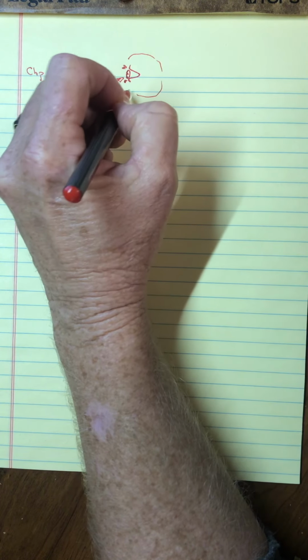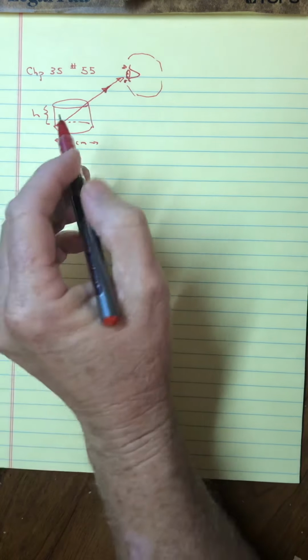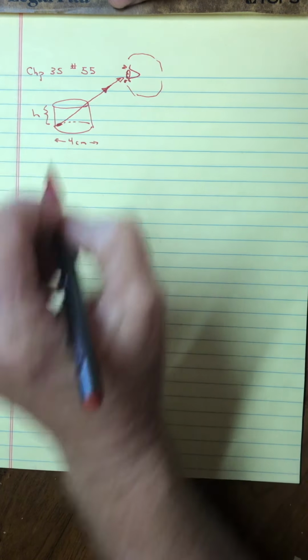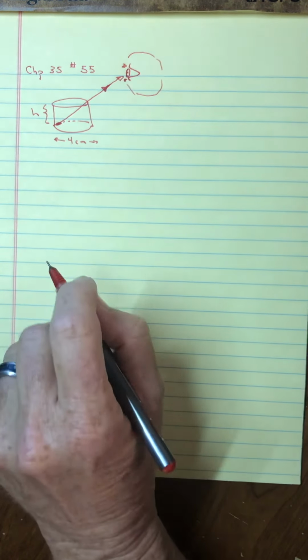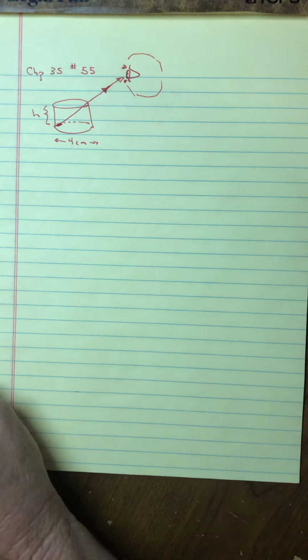I hope that kind of looks like an eye. It looks funny with one eye. All right, anyways, but there's the beam of light coming to the observer. Now, with that in mind, watch this.